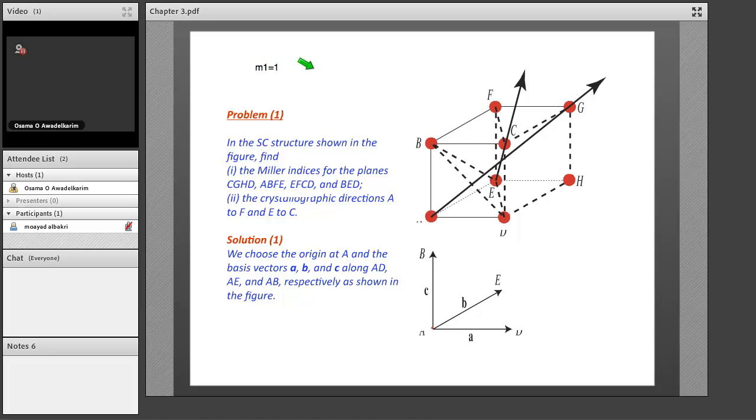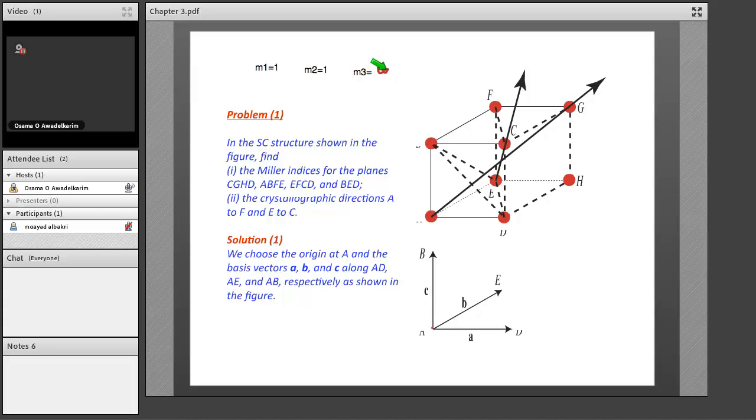And then there is an intercept at B, M2 equals 1. But there is no intercept along C because this plane runs parallel to the C axis. So M3 is equal to infinity.